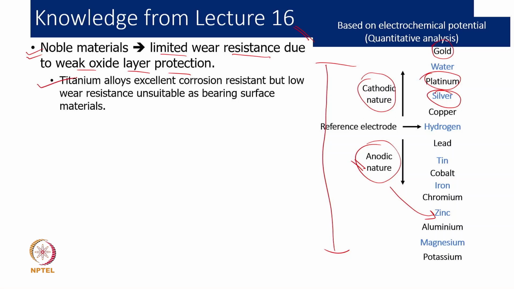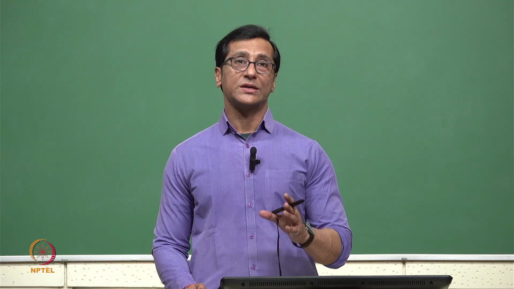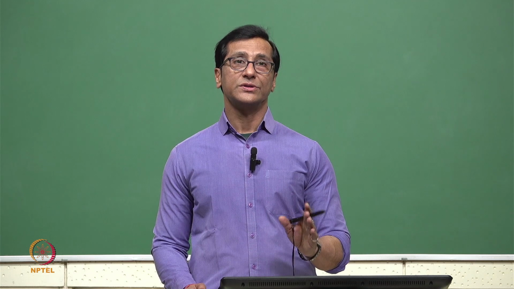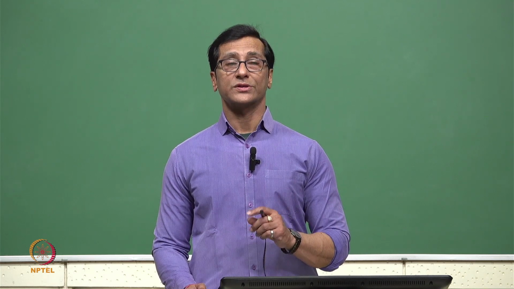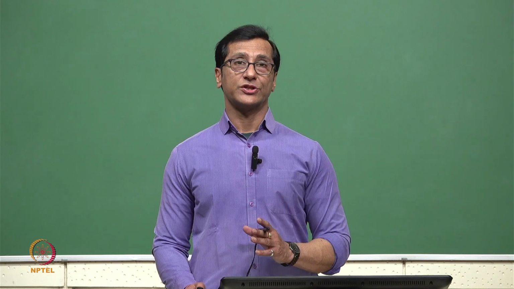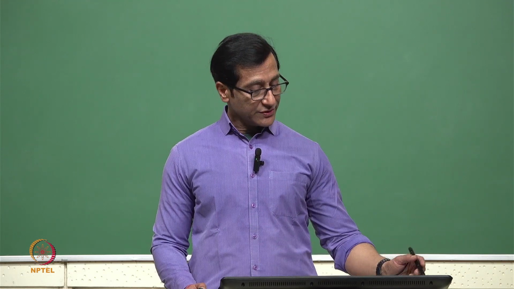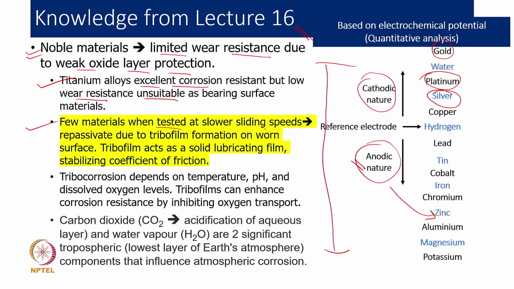Let's take an example of titanium alloy, which has excellent corrosion resistance, but wear resistance is not really suitable for surfaces to be used as tribo surfaces. So this is very important to understand. Corrosion alone may not be the criterion, but when we are talking about wear and corrosion, material choice also will change. Another one here, now we are bringing sliding speed.